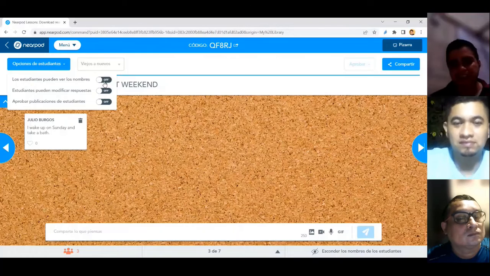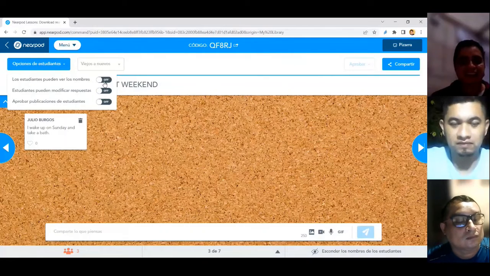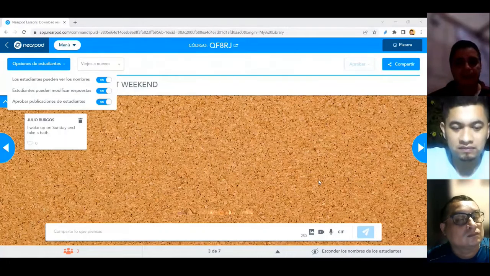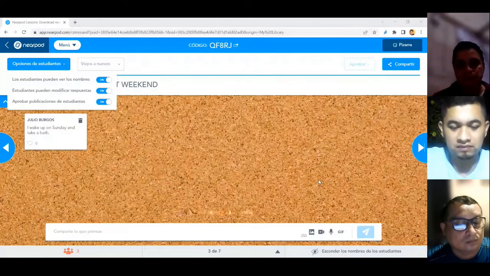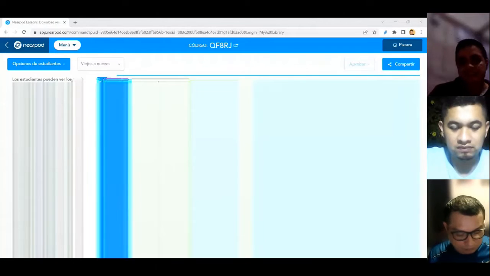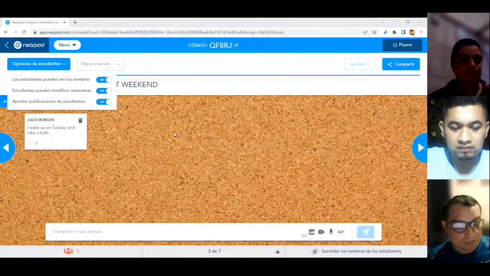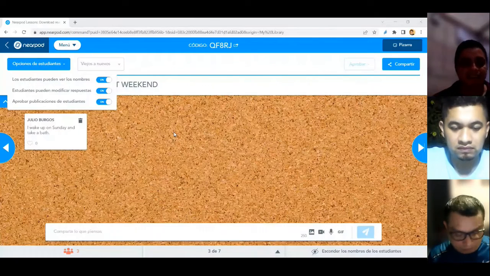Yes, you can change it to past if you want. I think we can do it in past sentence because the last example I showed you was in past tense. You are able to edit Julio's sentence as well if you want.